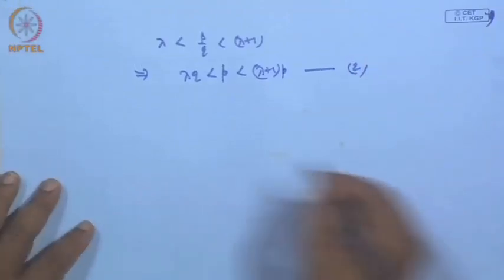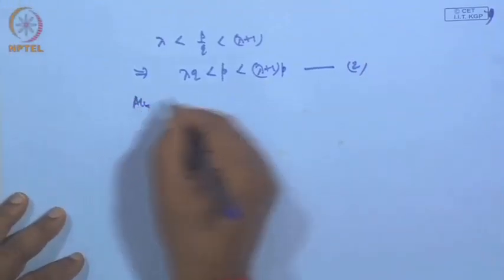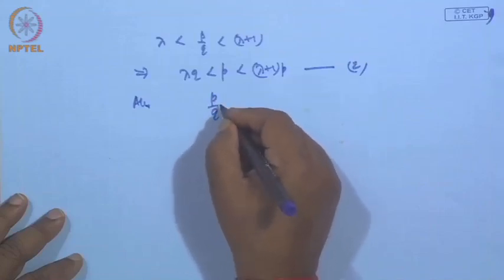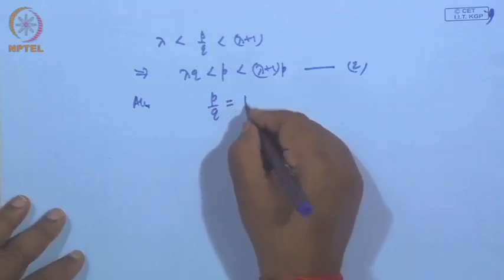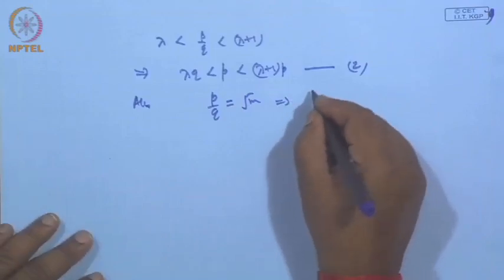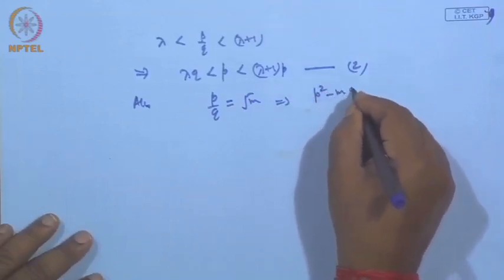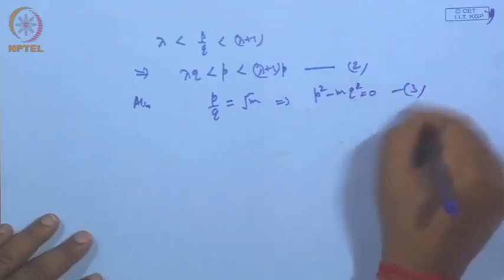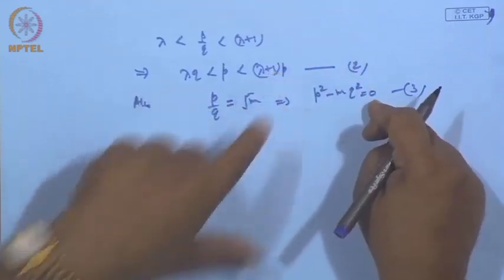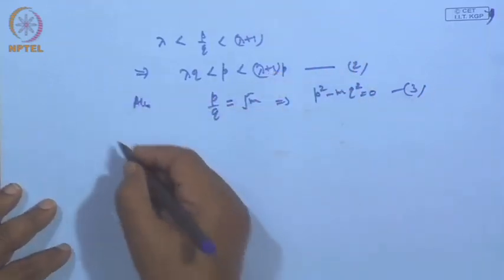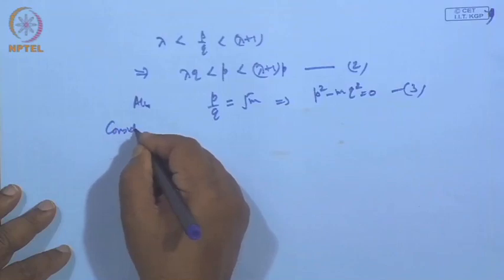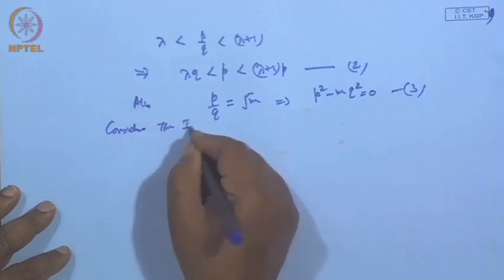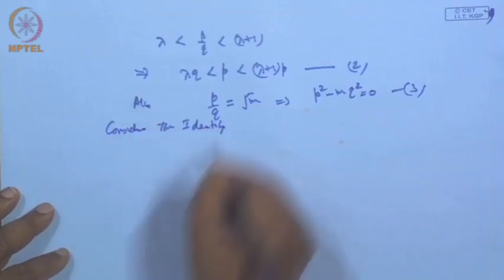Also, p by q is equal to what? Square root of m. So, this shows that p square minus m q square is 0, call it 3. With the help of this, consider the identity, this you just verify.